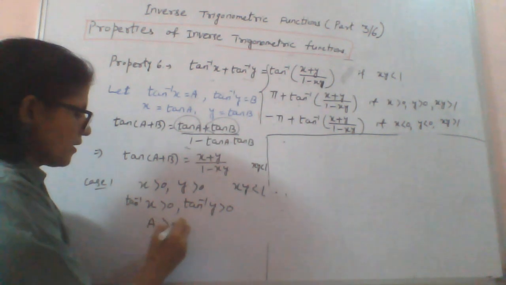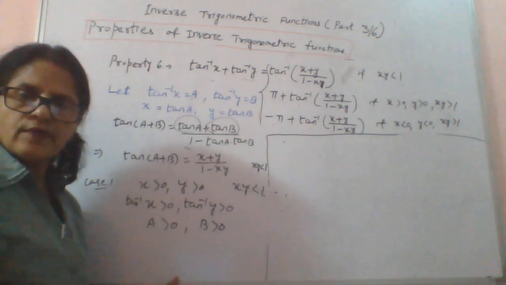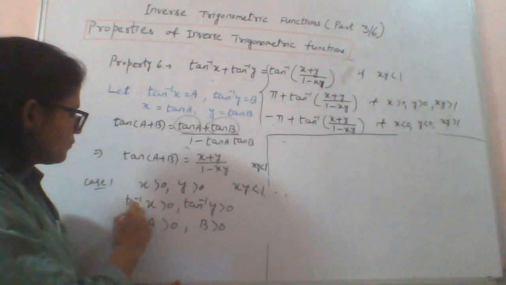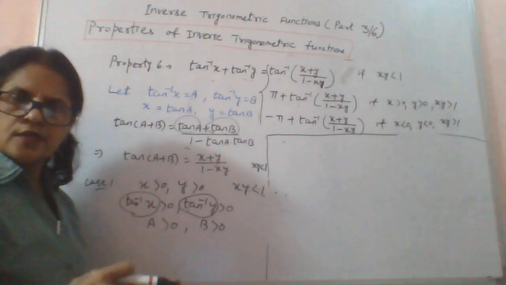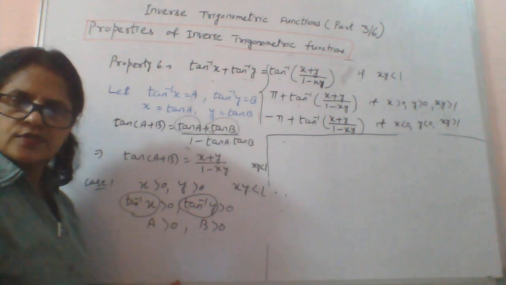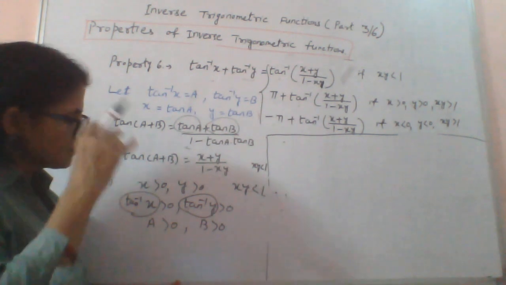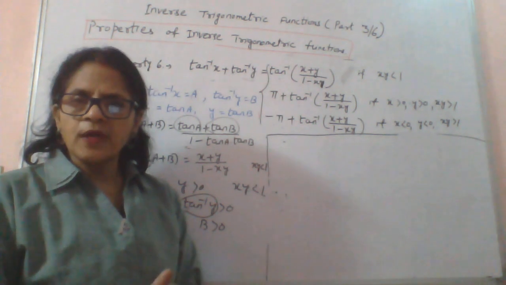It means a is greater than 0 and b is greater than 0. As you know, for tan inverse x and tan inverse y, the principal value branch is the open interval minus pi by 2 to plus pi by 2. It means we can take minus pi by 2 to 0, then 0 to pi by 2.